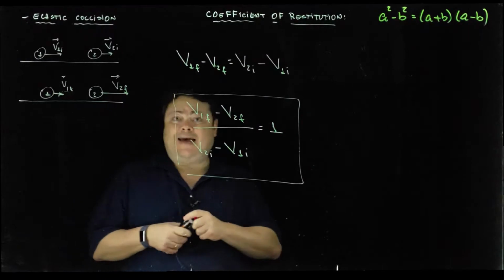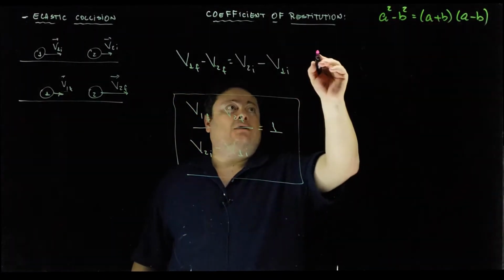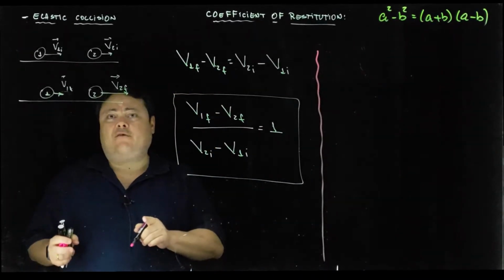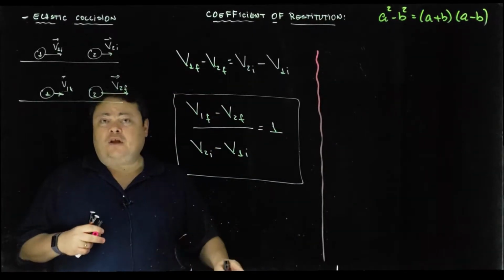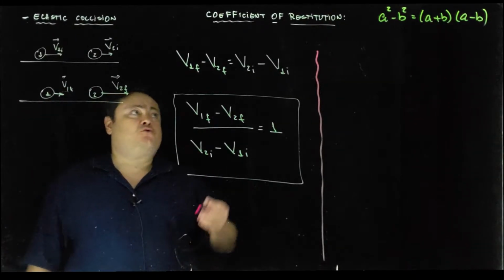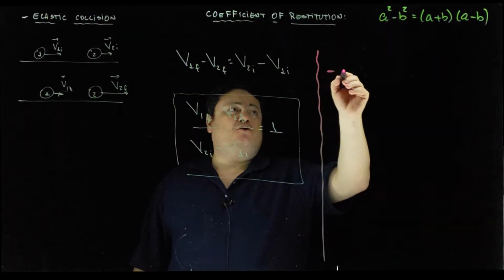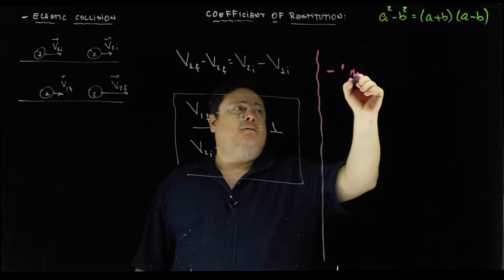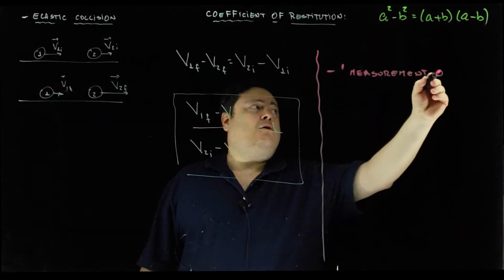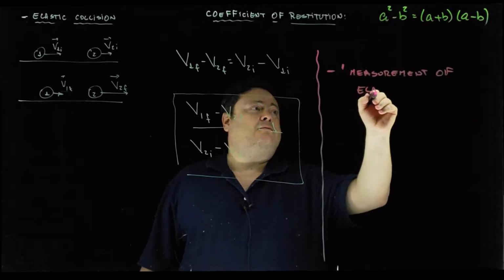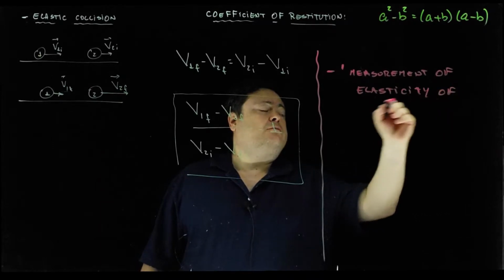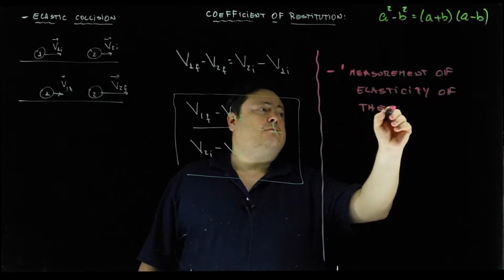One quick comment I would like to add is this. The AP exam would either have an elastic collision, a completely inelastic collision, or they will give you some further information. But in general, this coefficient of restitution could be understood as a measurement of the elasticity of the system.